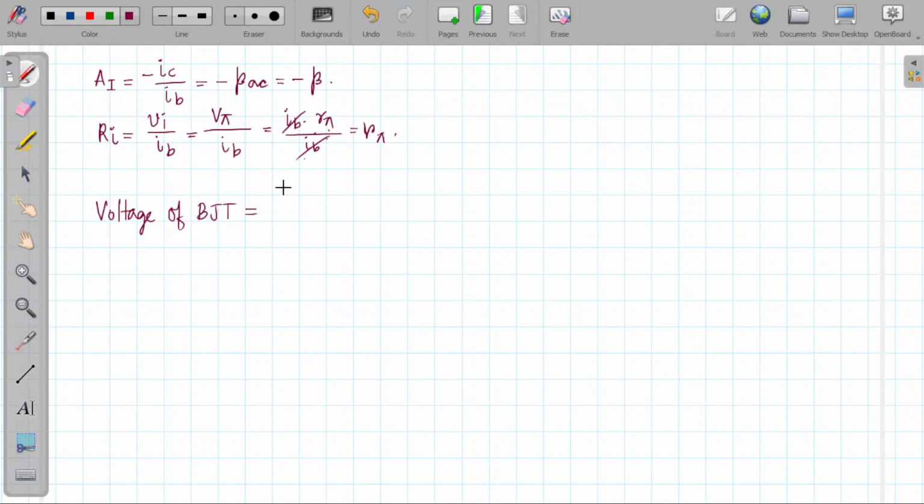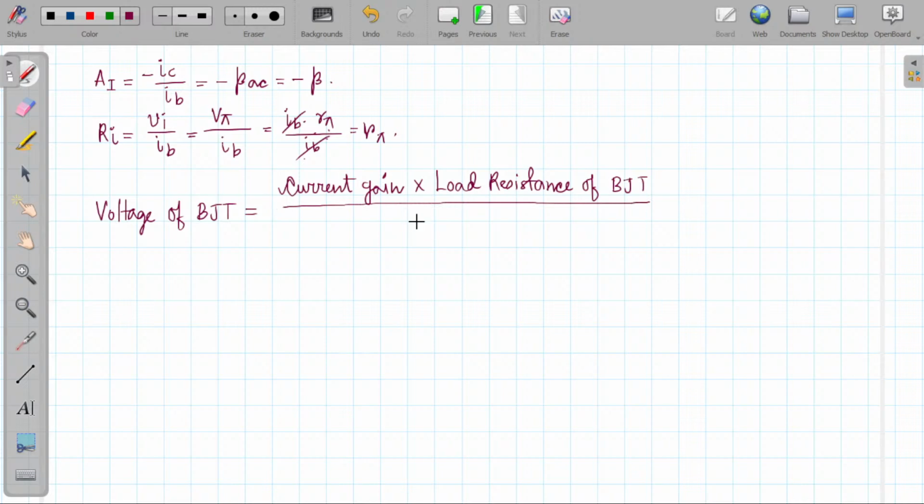It will be the current gain into the load resistance of the BJT, divided by the input resistance of the BJT.